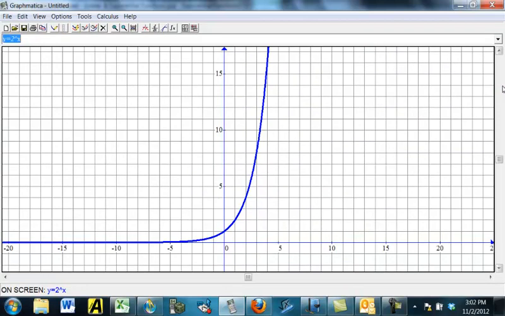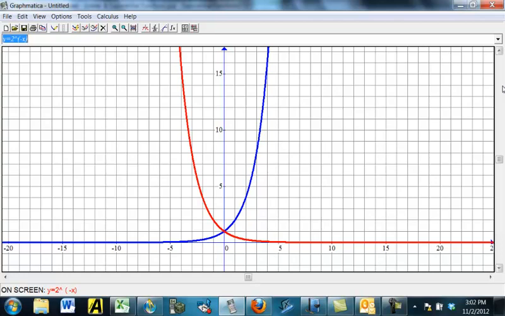Okay, you can see some key points. Well, what's going to happen if I replace the x by -x? You know what this is going to do to a graph. When you replace x by -x, it reflects over the y-axis, so it's going to look like this.